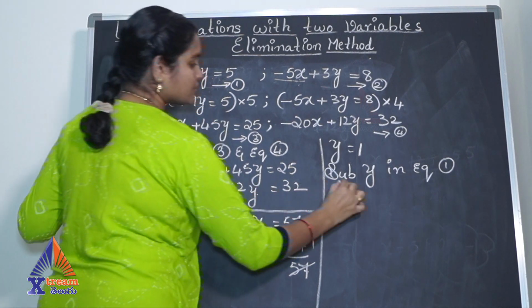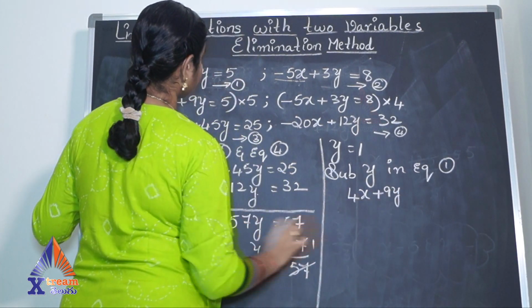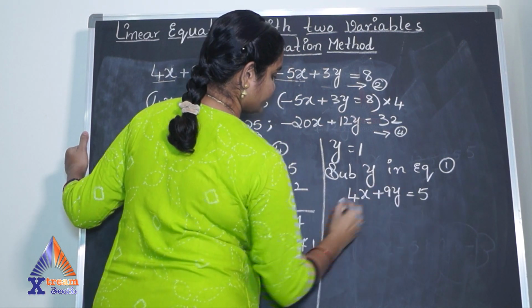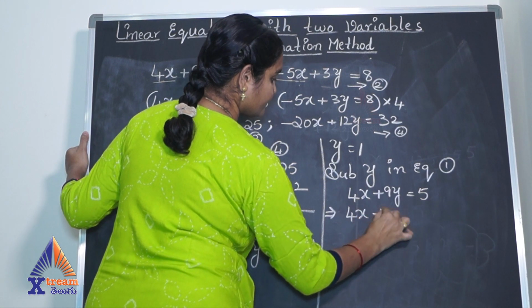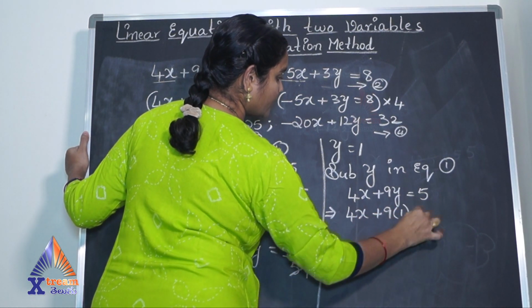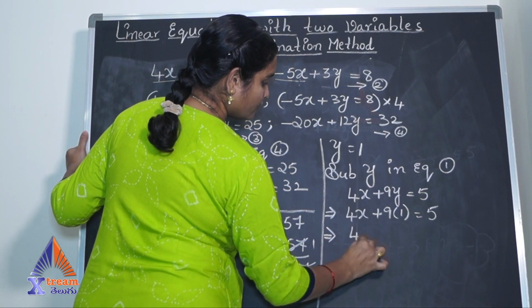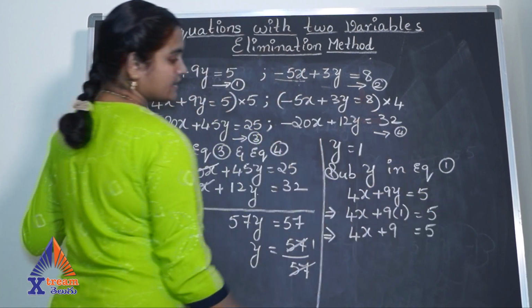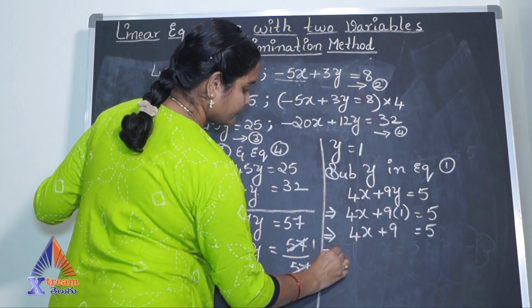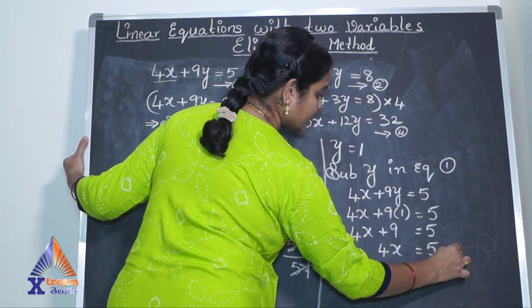So we have equation 1 as 4x plus 9y is equal to 5. So 4x plus 9 into 1 gives us 5. 4x plus 9 is equal to 5. Now 4x is 5 minus 9.